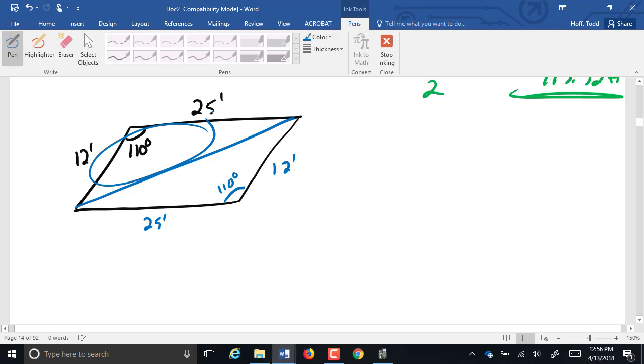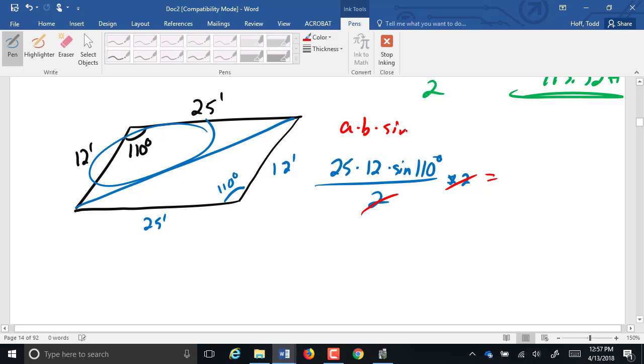The area of this triangle would be 25 times 12 times the sine of 110, over 2. Well, how many triangles are in that? 2, so that'd be times 2. Guess what? The 2's can cancel out. The area of that parallelogram is just A times B times the sine of that angle.